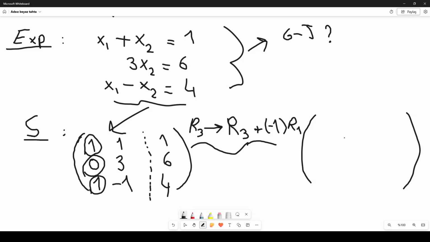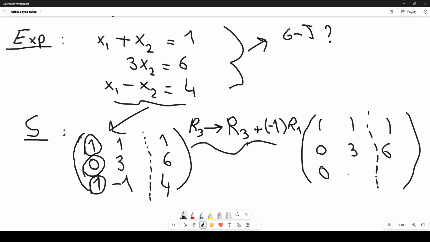So the first row would be the same, no change here because I have not done anything to that. And for the second row, again, we didn't play around with it. I just write its values as they are. But the third row is now different.